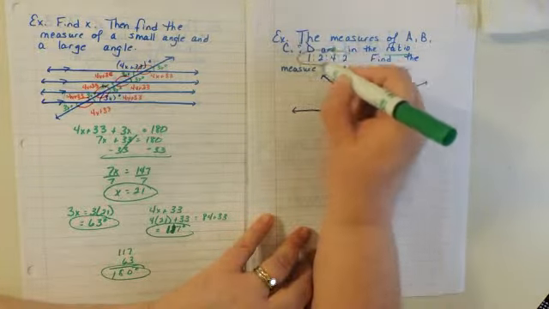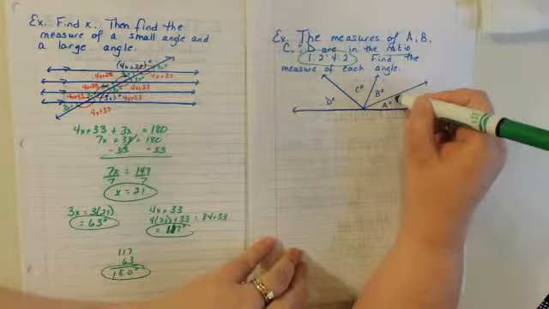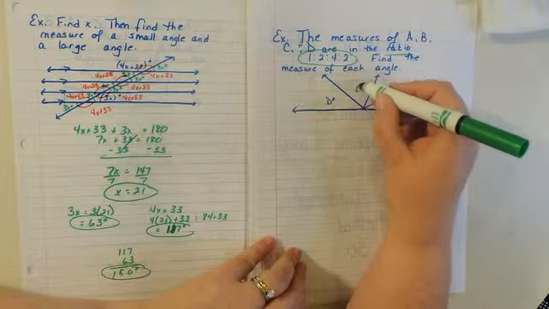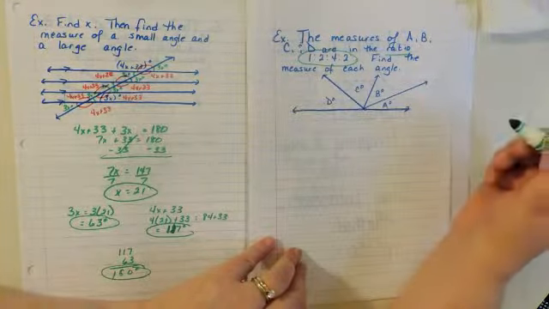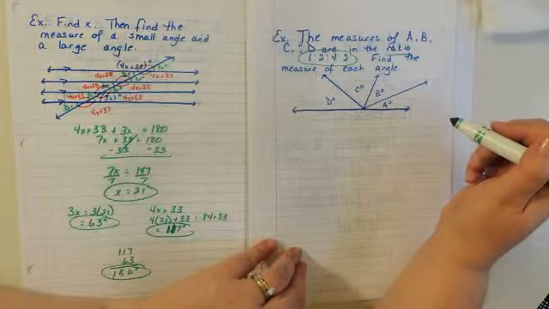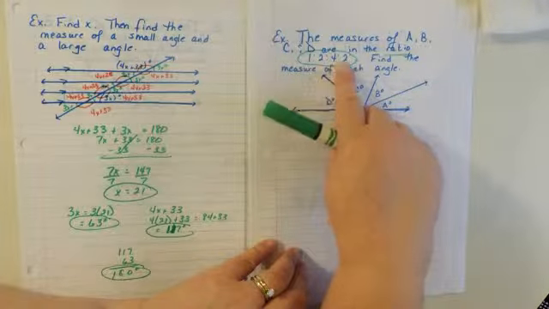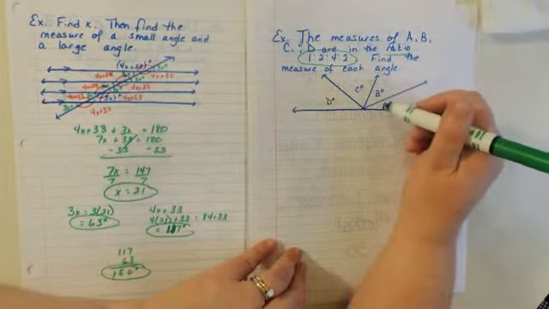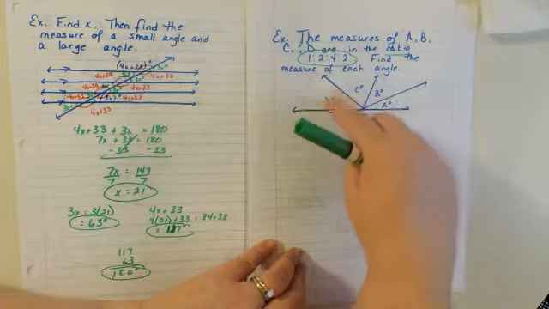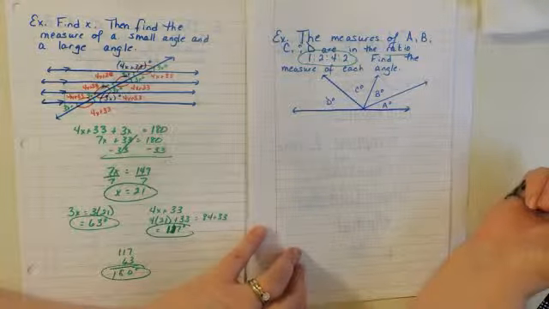Now this ratio thing says this is obviously not actually 1 degree, and this isn't 2 degrees, and this isn't 4 degrees, and this isn't 2 degrees. What this means is that there is some number that has been factored out of all of these numbers. And if we put that number back in and multiply it times each of these, when we add these up, it's going to be 180 degrees. So we're just going to call that number x.